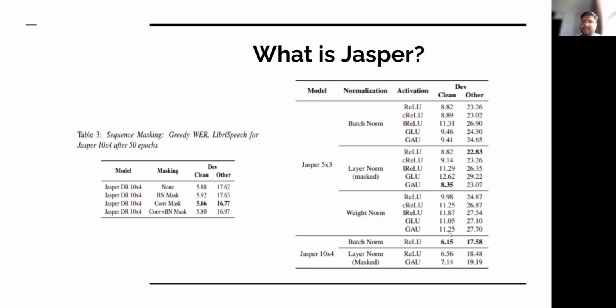WER is the metric upon which we test the quality of the speech recognition model. The data set that it is trained on is LibriSpeech, which is a very famous data set.